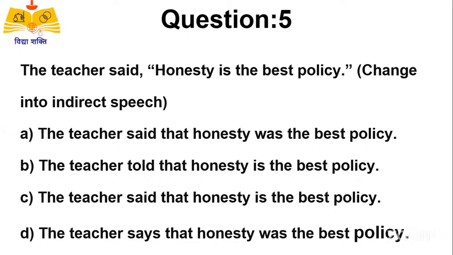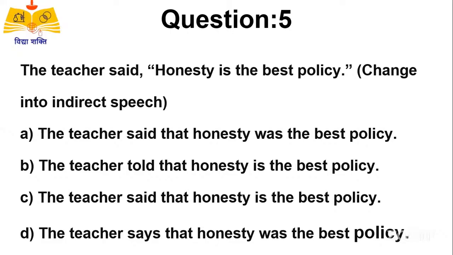So, the teacher said, honesty is the best policy. Change into indirect speech. A option. The teacher said that honesty was the best policy. B option. The teacher told that honesty is the best policy. C option.